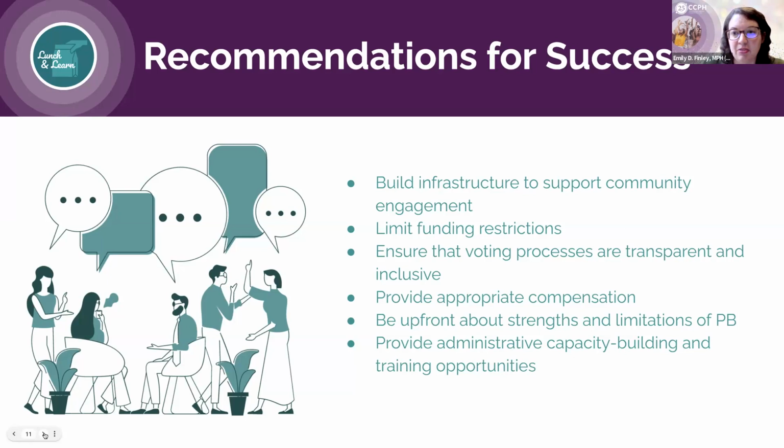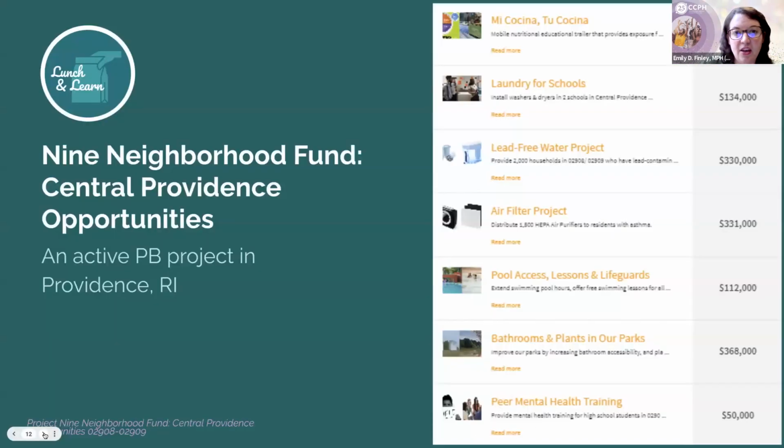So next slide, please. So this is an example of an active participatory budgeting process that's currently taking place in Providence, Rhode Island. It's called the 9 Neighborhood Fund, and it's driven by a coalition of over 60 community organizations, government entities, schools, service organizations, and other stakeholders.